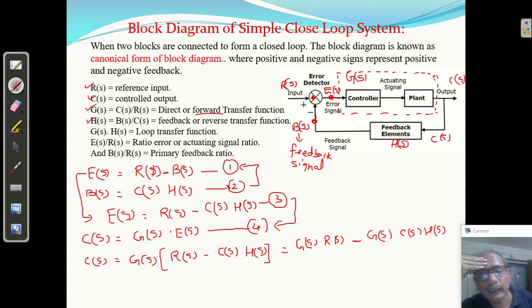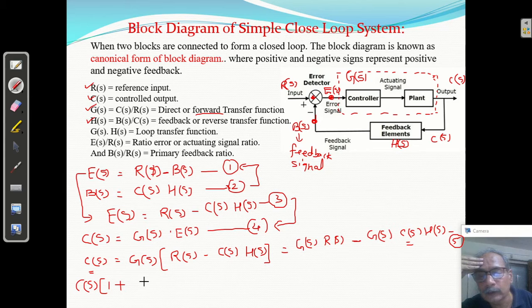Now please see here, this is equation number 5. If you see 5, the C of S term is on this side also, and this side also. So we will shift this C of S term here. If you shift the C of S term this side and take C of S common, you will get 1 here, and the negative will become positive.